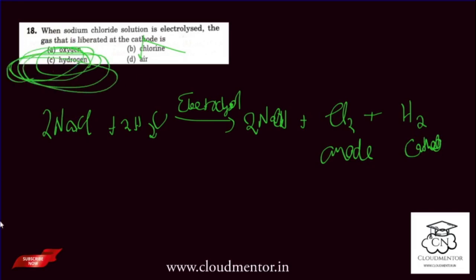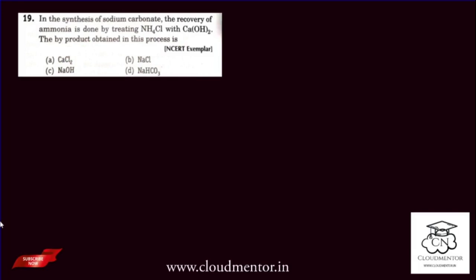Next question: in the synthesis of sodium carbonate, the recovery of ammonia is done by treating ammonium chloride with calcium hydroxide. Then the byproduct obtained in this process is?